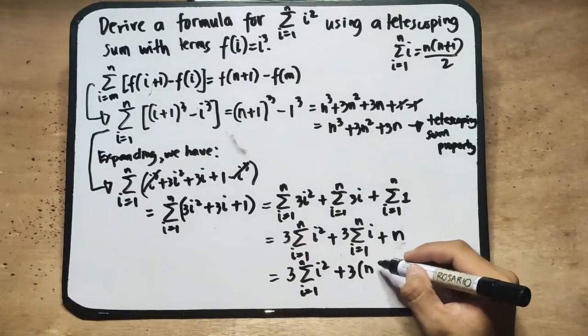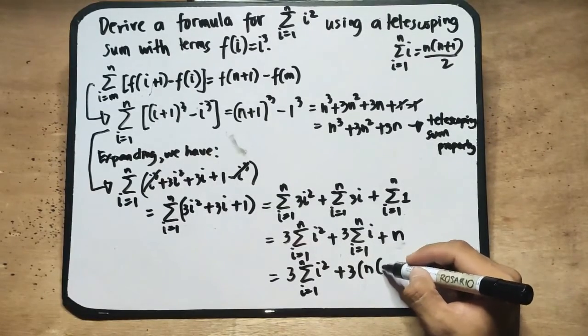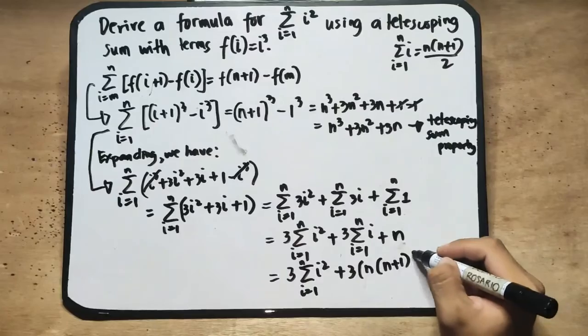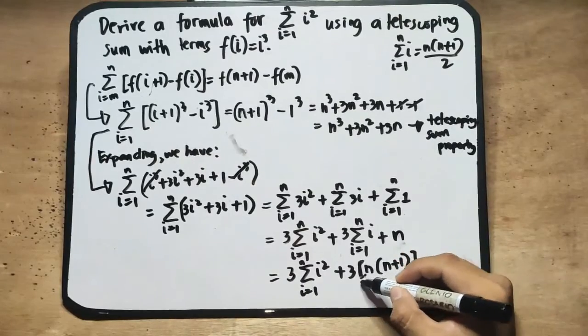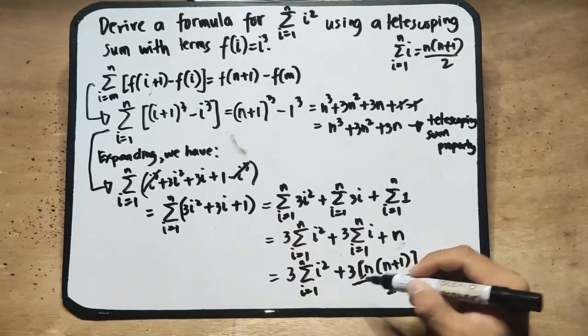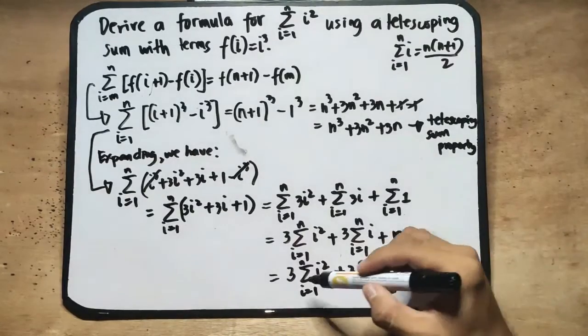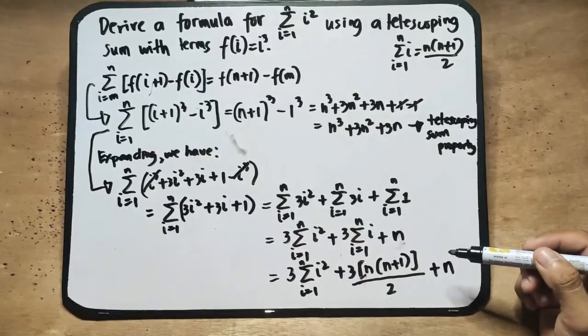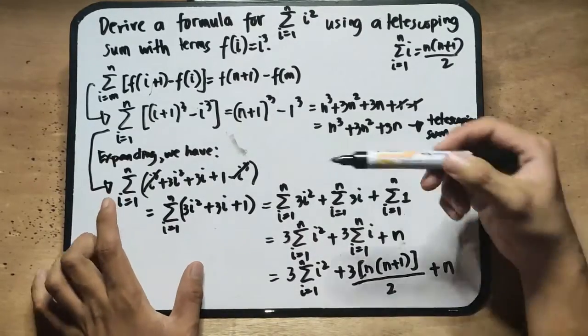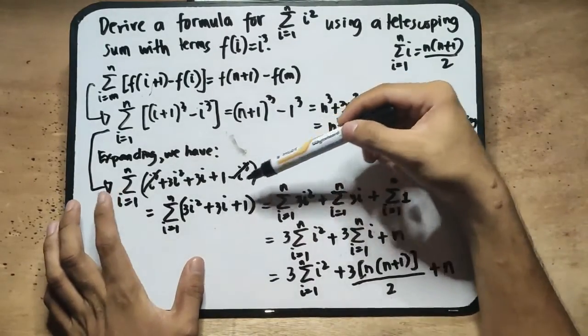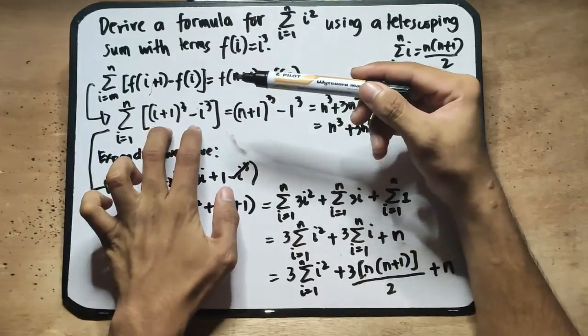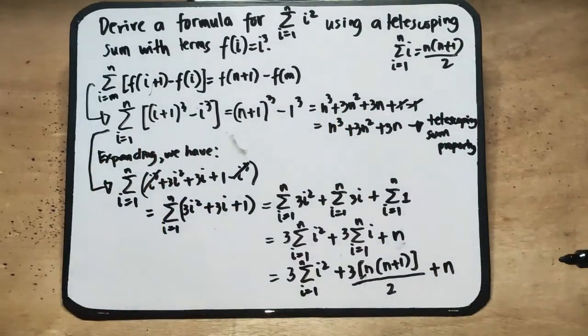So we have n and then n plus 1 all over 2, and then this will become plus n. So ito yung na-obtain natin after expanding the sigma notation. So take note of that.